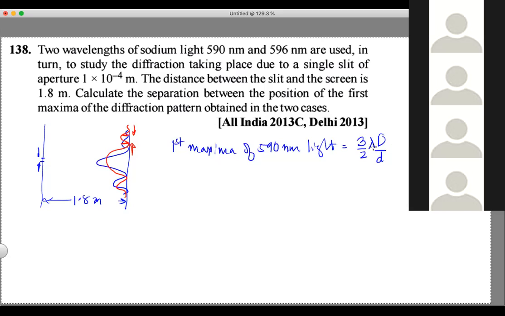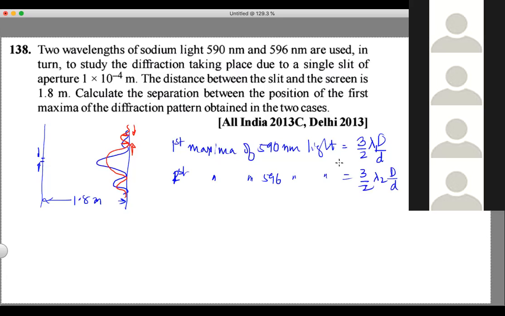Okay, so I will write this with lambda 1. And first maxima of 596 light is 3/2 lambda 2 D by d.